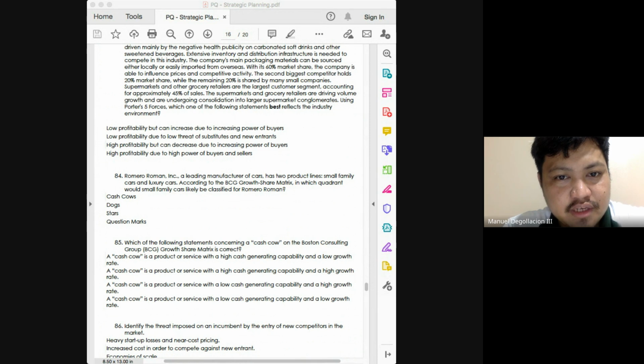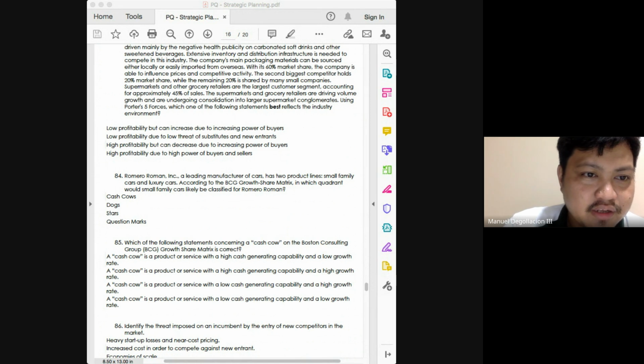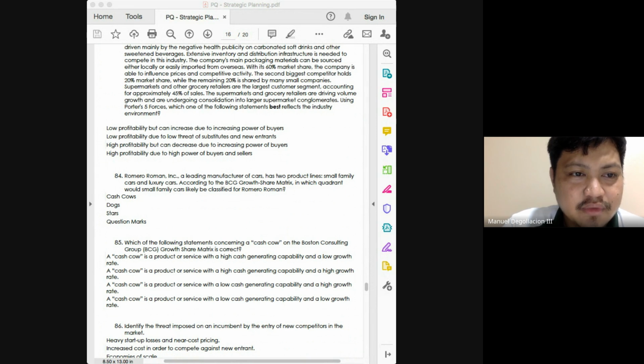But obviously, the automobile or car industry is already a mature industry, so you would expect slow growth. So you would expect that this would be classified as a cash cow.